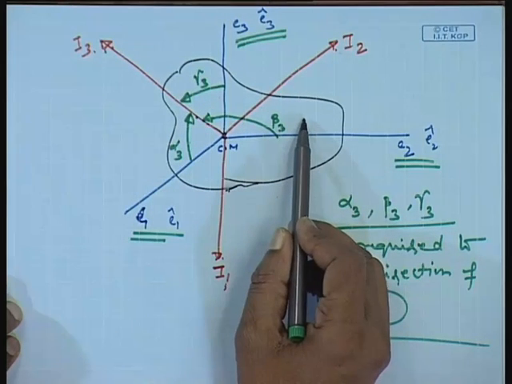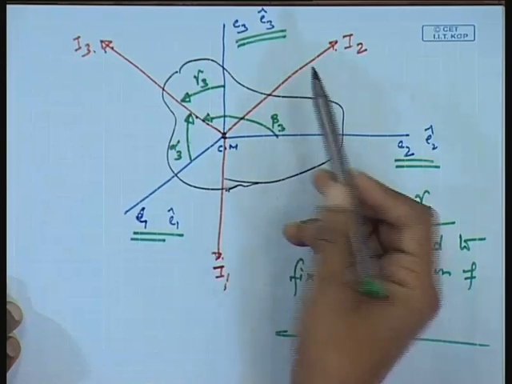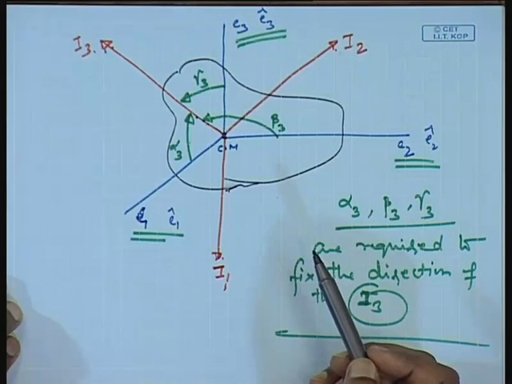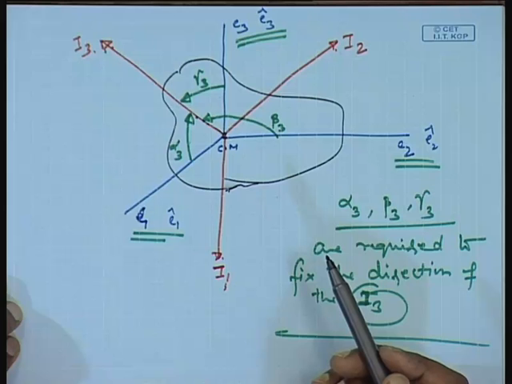If we choose another point instead of the center of mass, then about that point the principal moment of inertia will become different, and its direction will also change.